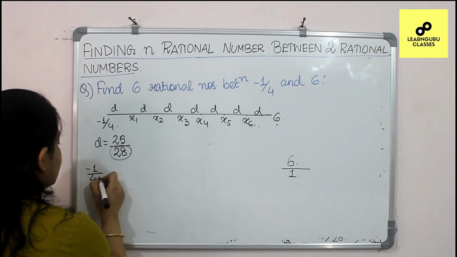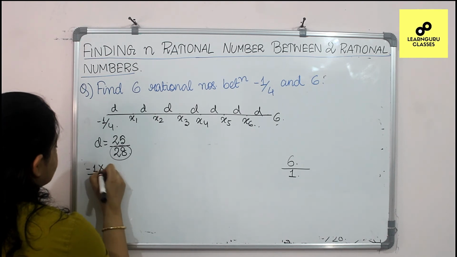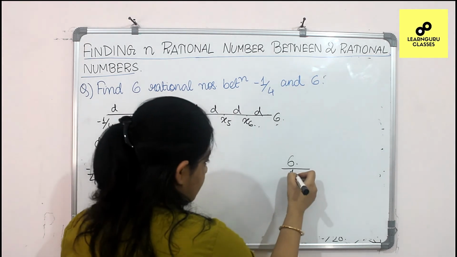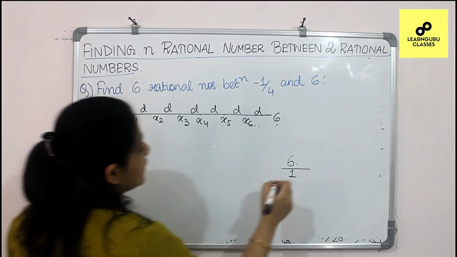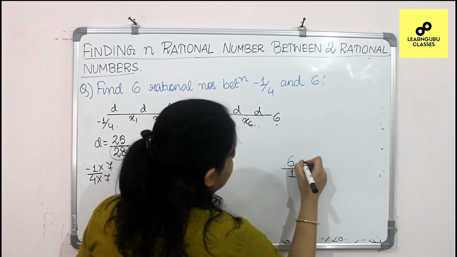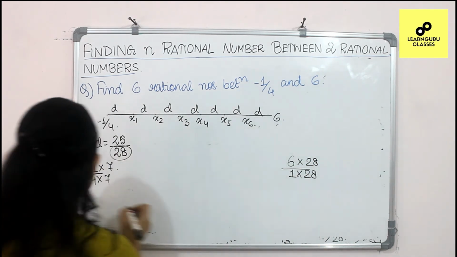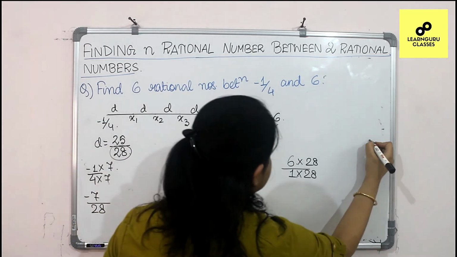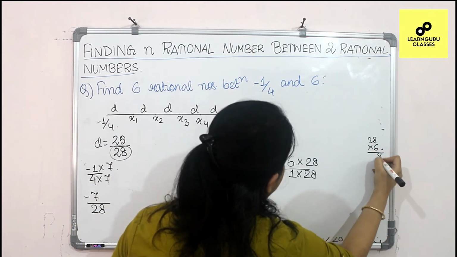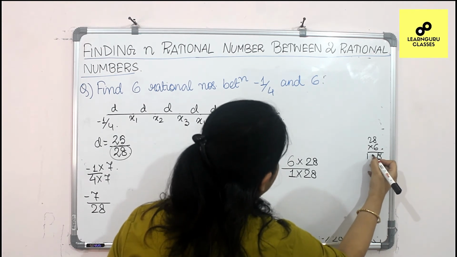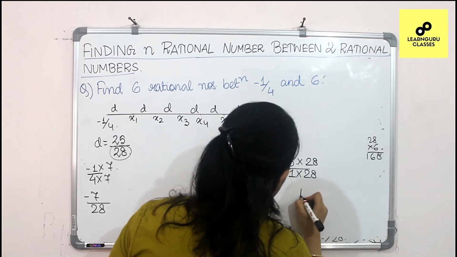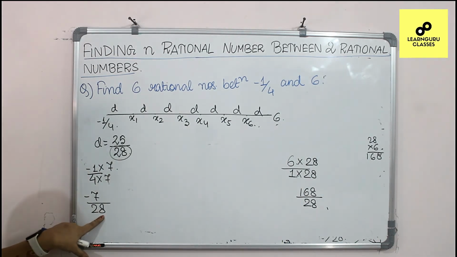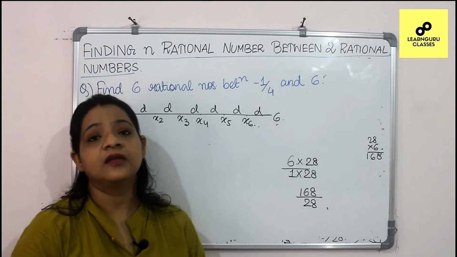So 4 into 7 is 28, this one becomes -1 into 7, which is -7 by 28. And 6 into 28 is 168 by 28. So -7 by 28 and 168 by 28.